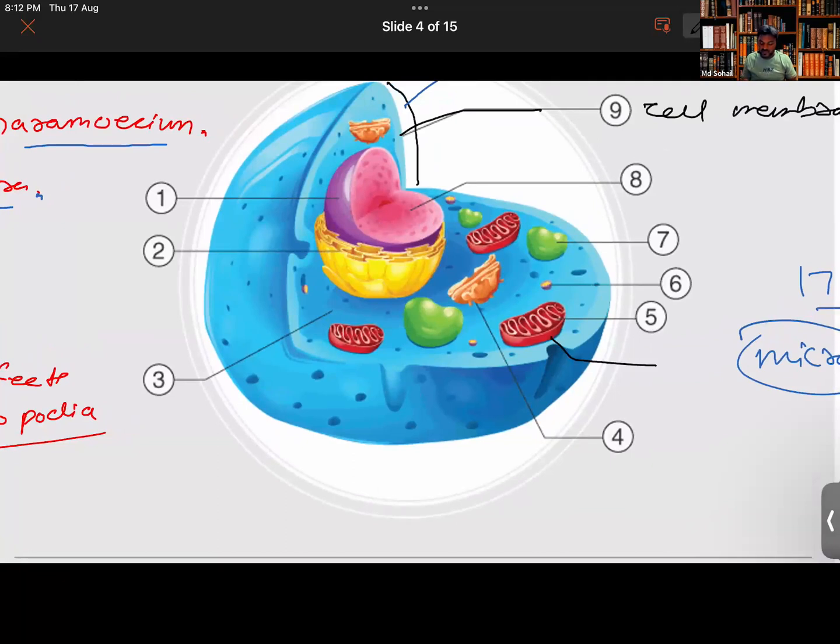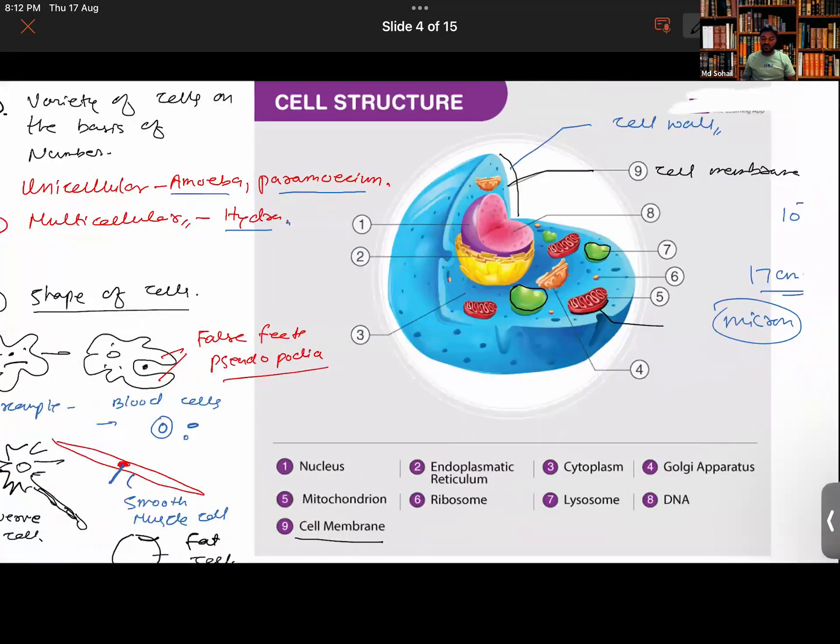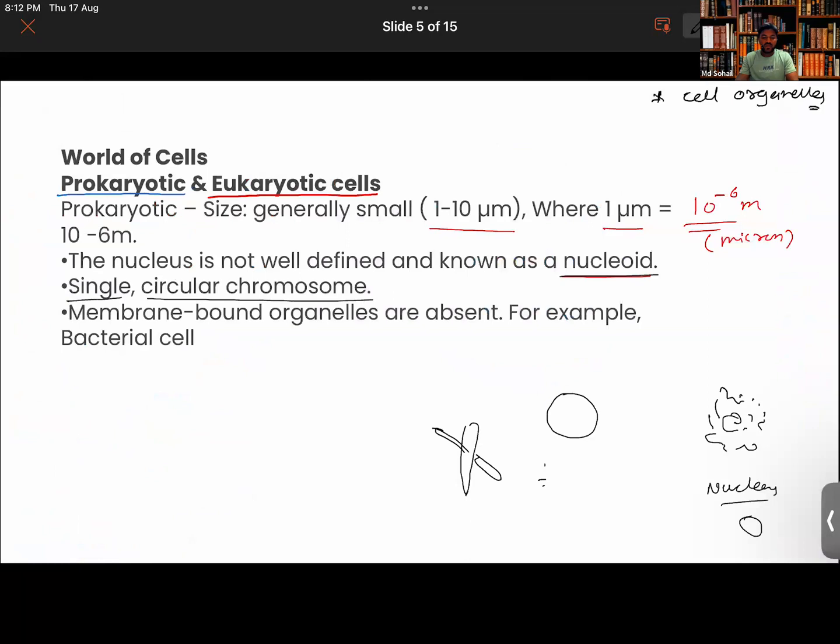So they have also got a clear-cut boundary, no? Arhan, look at them. Sir, the boundaries are very clear, sharp and clear, sir. So we see that membrane-bound organelles were actually not present in the prokaryotic cells, right? It was not well defined. So this much point, remember about the prokaryotic cells.